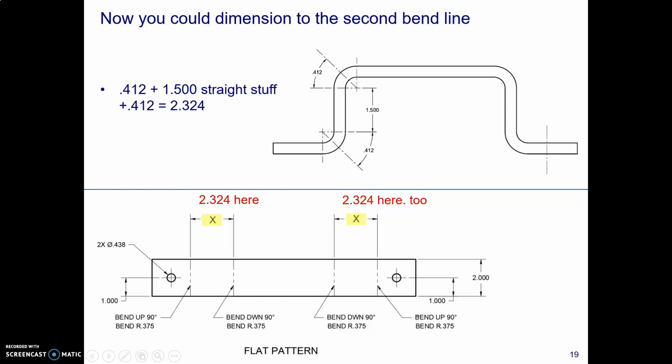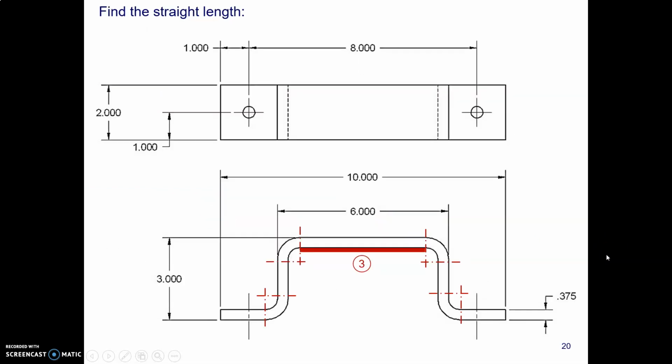Now, if it were me, I would not round any of these numbers to begin with. I would get all of the numbers in here exactly, so 2.037 on the end, 2.324, and whatever this turns out to be. And then we'll get to the very end, and then we can figure out, in consultation with our shop, where to go in and round off to the nearest 32nd.